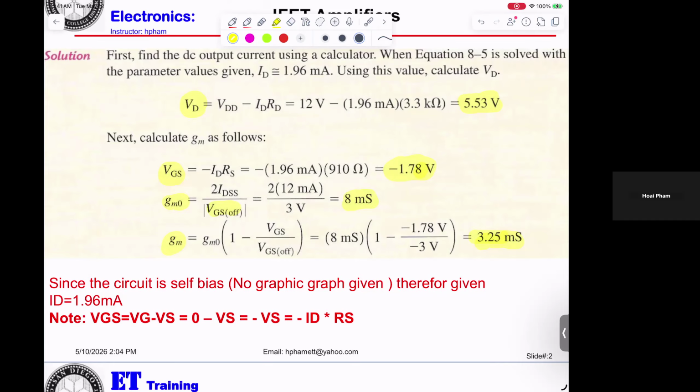So now, they say, since the circuit is self bias, no graph given. Therefore, they give you IDQ equal 1.96 milliamp.